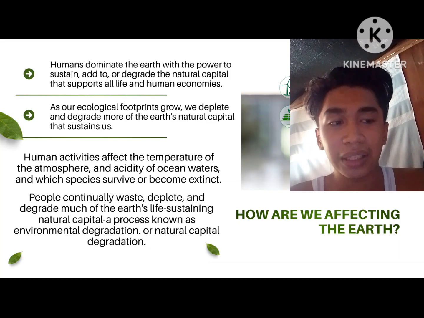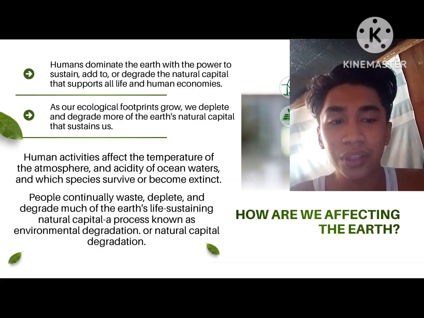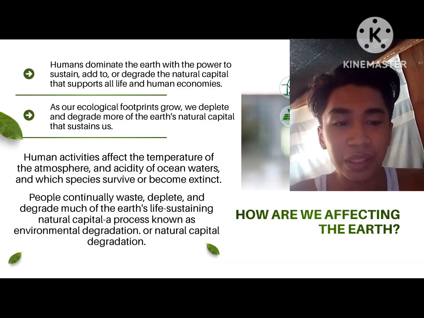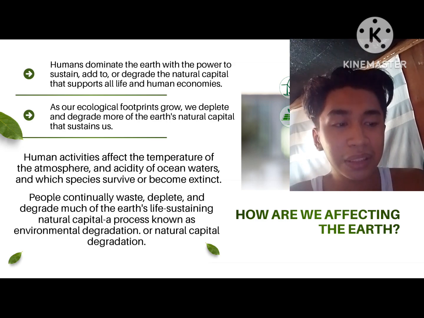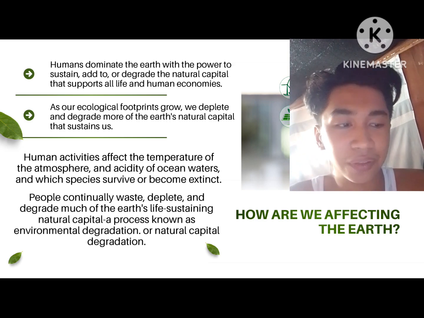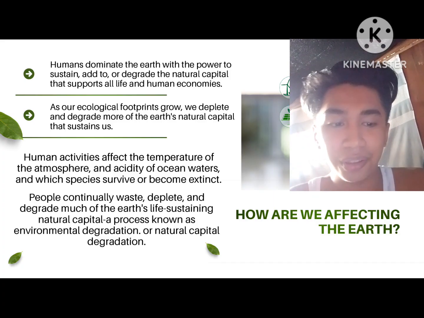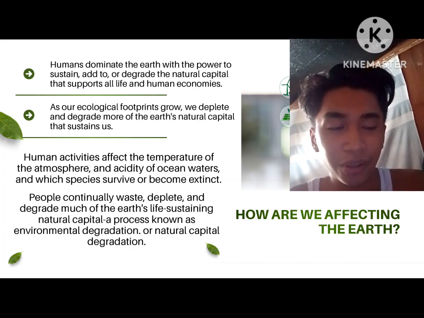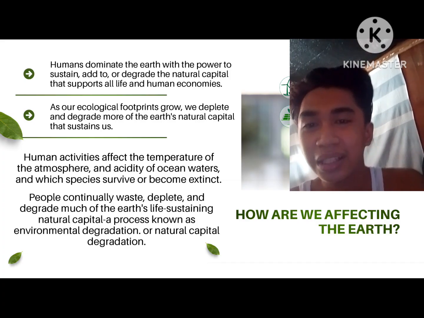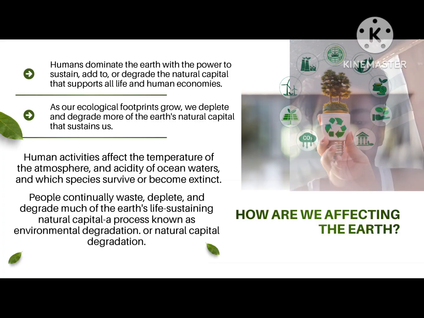Human activities affect the temperature of the atmosphere and activity of ocean waters, and which species survive or become extinct, and people continually waste, deplete, and degrade much of the Earth's life-sustaining natural capital, a process known as environmental degradation or natural capital degradation.